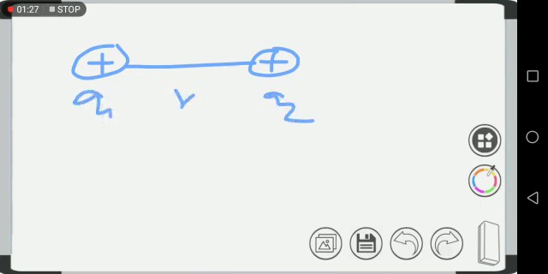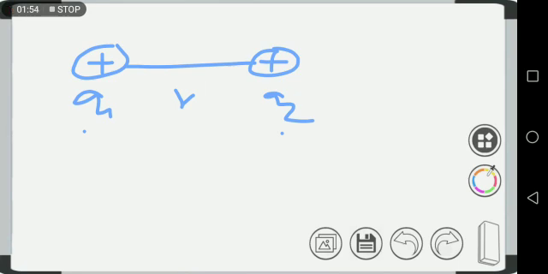These two charges are applying a force on each other because there are two charged bodies, so they must be applying two forces on each other. While q1 is applying a force on q2, q2 is also applying a force on q1. As we know, these are like charges, plus and plus, so they will repel.